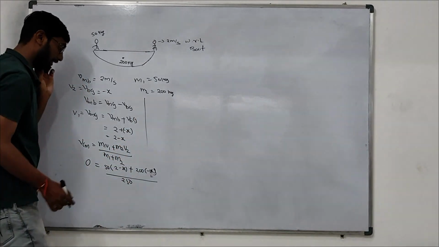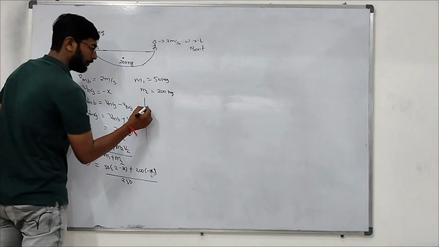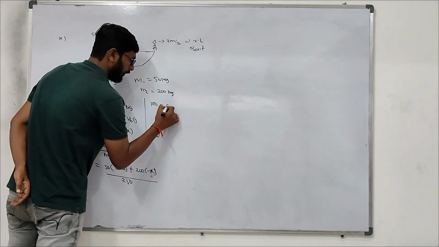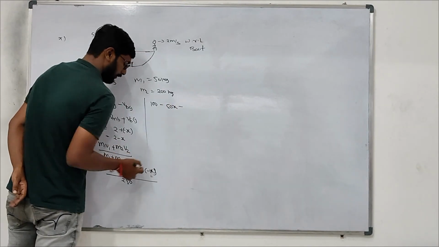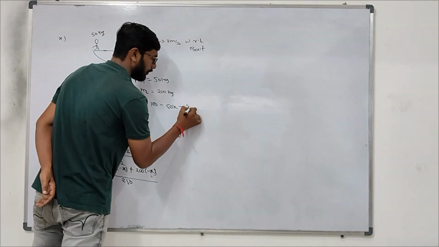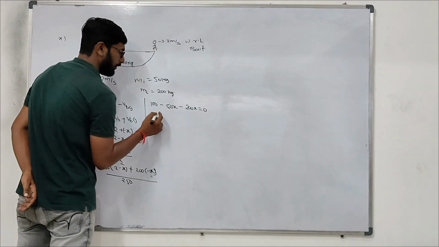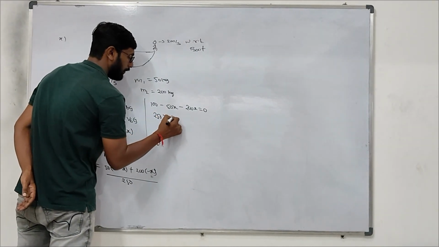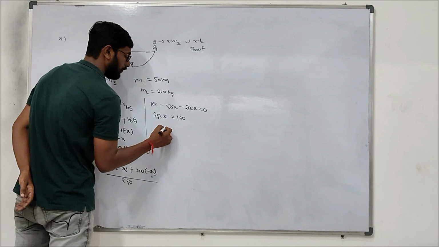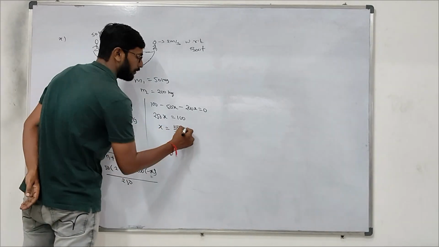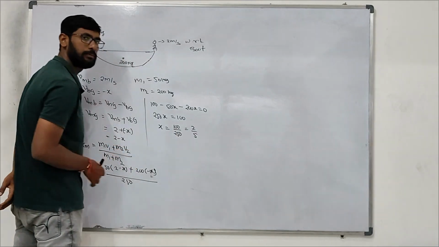So 250 goes to the other side and it will be 0. So 50 into 2 minus 50x minus 200x equals 0. So if you send that side, 250x will be equal to 100. So x will be 100 by 250, so that is 2 by 5.